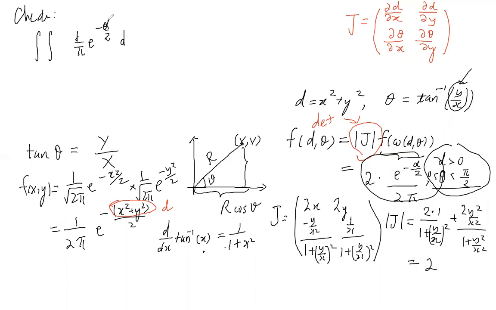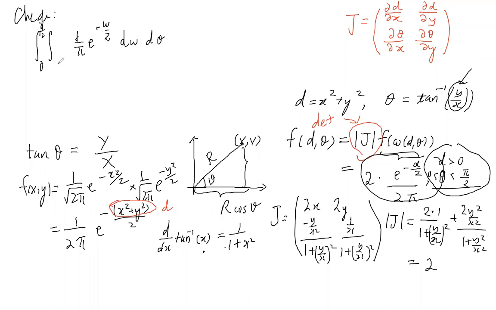Actually, maybe I change the notation slightly. Maybe d is not such a good notation, maybe I use the bill. Same. dw, and this is d theta, okay? 0 until pi over 2.